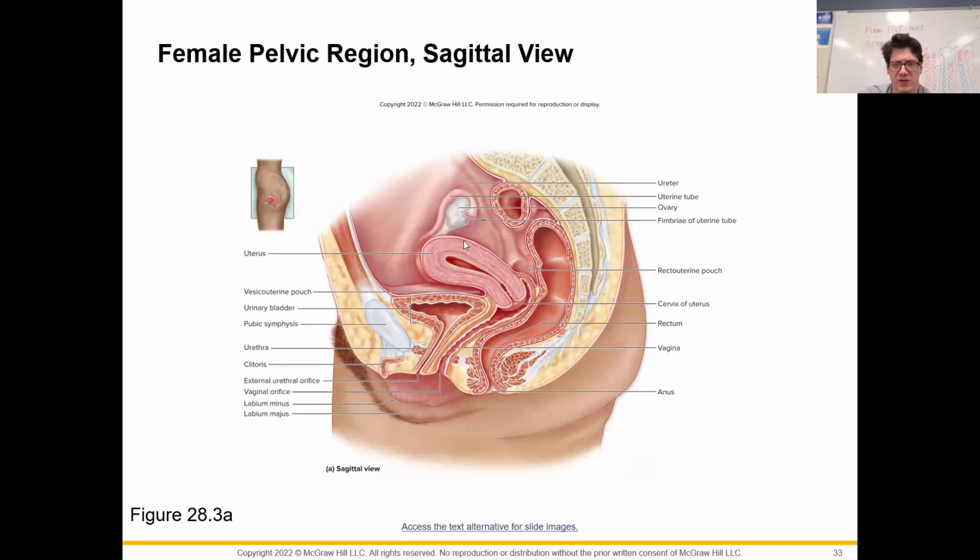This, or epimetrium rather, this endometrium is going to be the innermost lining here. Now, this is what is actually going to be shed during the menstrual cycle, okay? The whole idea is that this inner lining of the endometrium is going to thicken over the course of the month and then be shed during menstruation when there is no fertilization, okay?